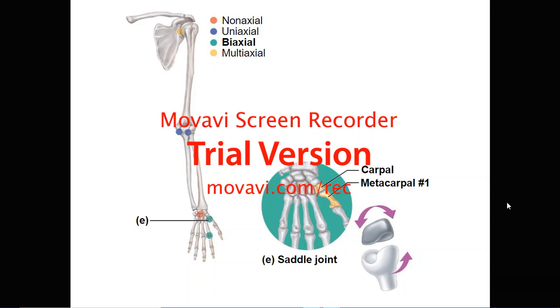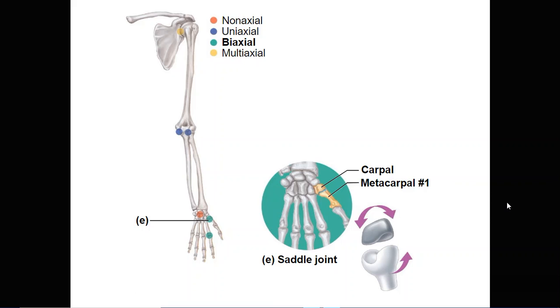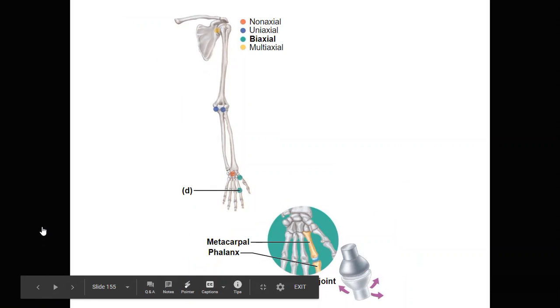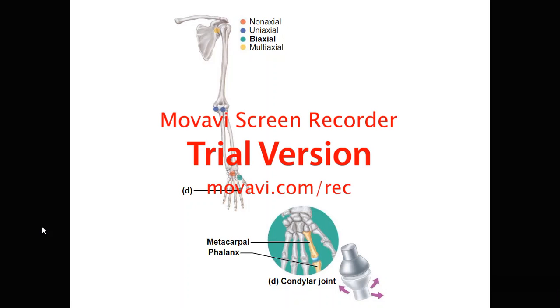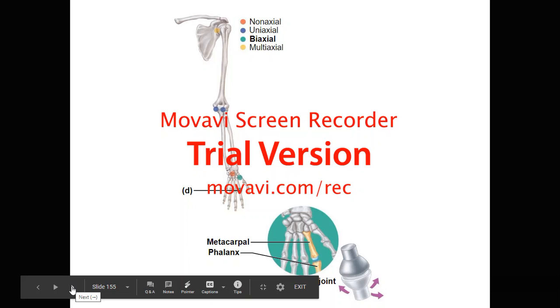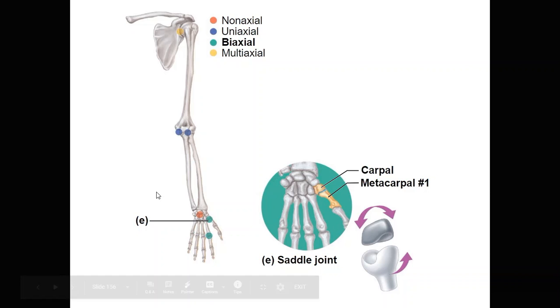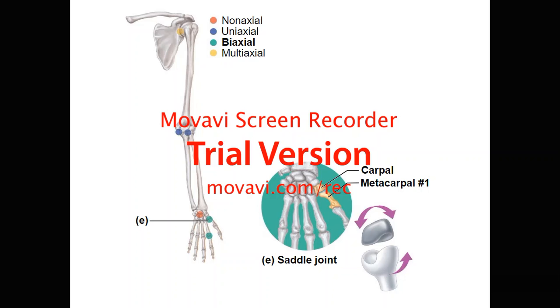And for the condylar joint or the metacarpal phalangeal joint that we got through talking about in the previous slide, again, the two movements are flexion and extension, adduction and abduction, okay? And then on this saddle joint, the carpal metacarpal joint of the thumb, you have flexion and extension, adduction and abduction, okay? Those are the two movements.